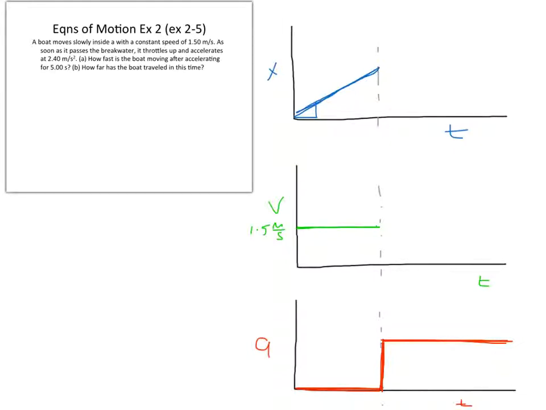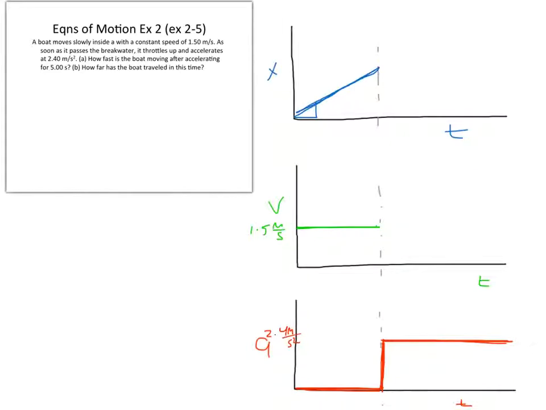Okay. All right. Well, what does this mean then for the velocity versus time? Well, remember the y value of the below graph, which by the way was 2.4 meters per second squared, is the slope of the above graph right there.